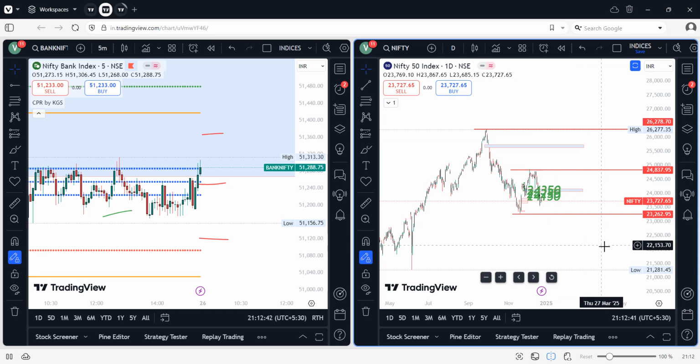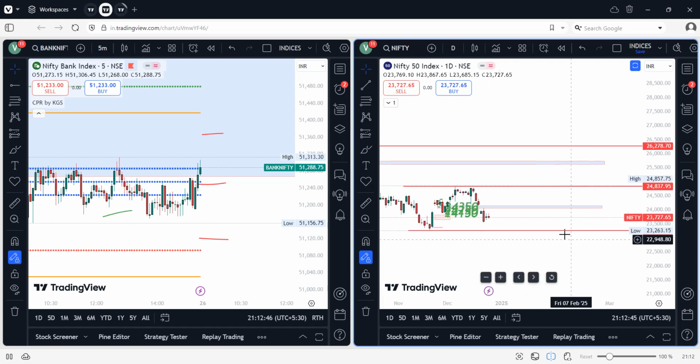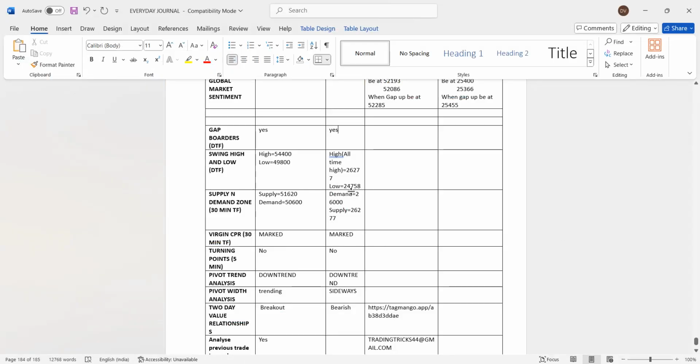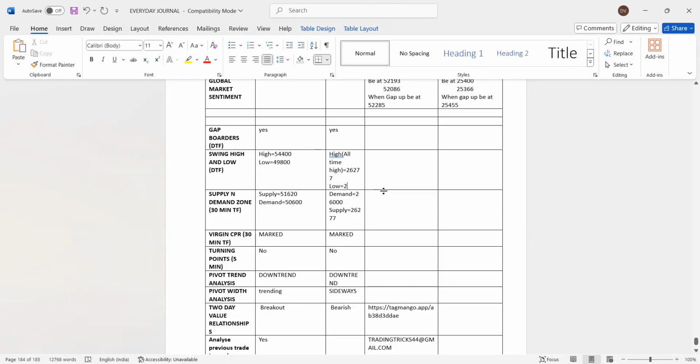So I'm going to go here to my journal and mark these levels. What is the swing low? 23,260. So I mark this as swing low. Let me see this, 23,266.